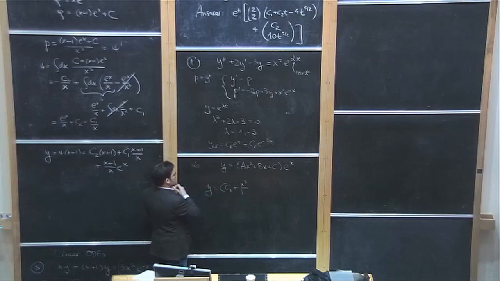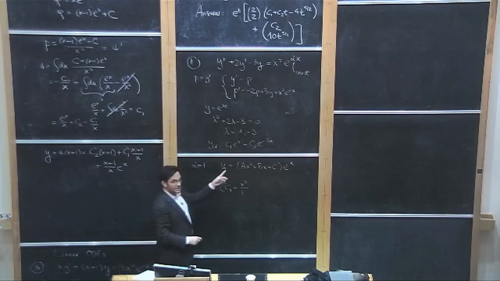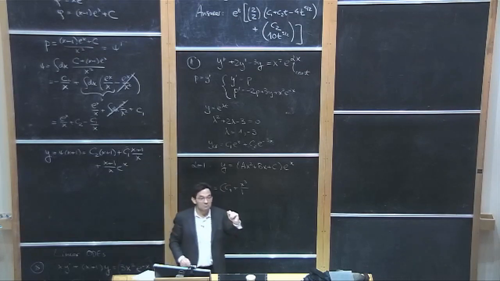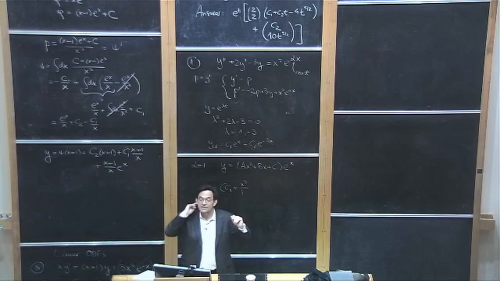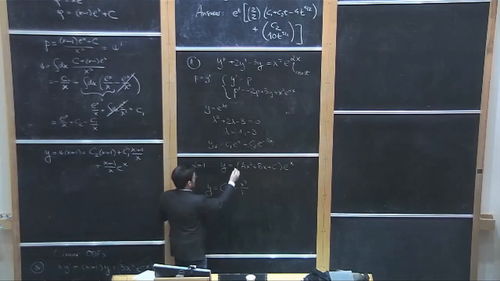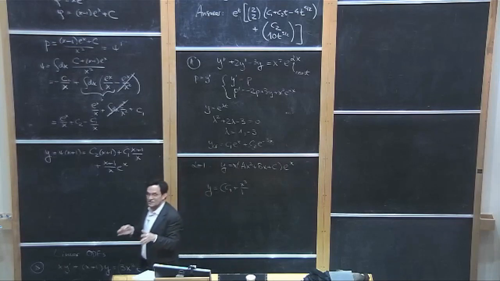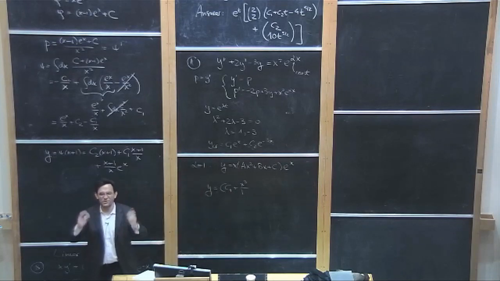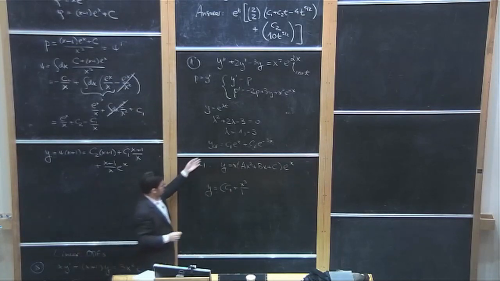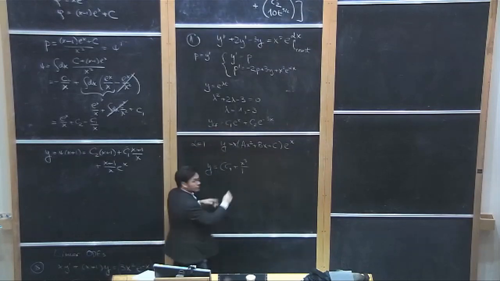Arguably, it's more interesting what happens if alpha is equal to 1. Let's say it's equal to 1. What do you do then? Yeah, exactly. You just multiply by another x. Again, you can derive this systematically, but it's good to know this in advance. So you multiply by another x, and then do exactly the same thing.